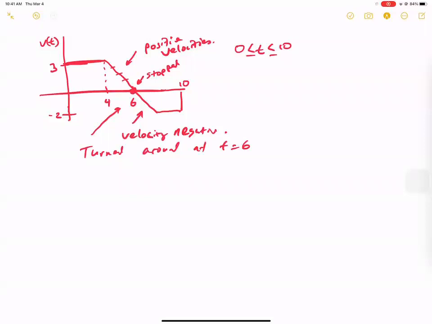So these are just some notions I'm catching here. After t equals 6, I start picking up my speed, going backwards. But I'm not as fast as I used to be before because I only get up to 2. And then from this point, let's call that 7, from 7 to 10, you can see we are going at a constant speed of -2.